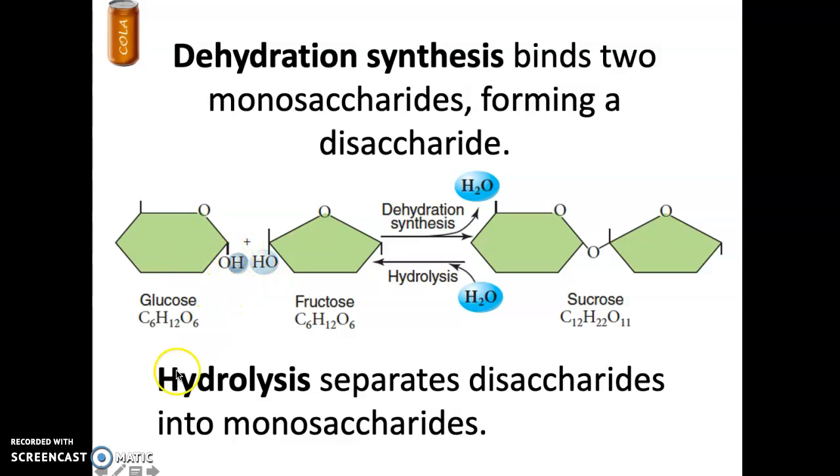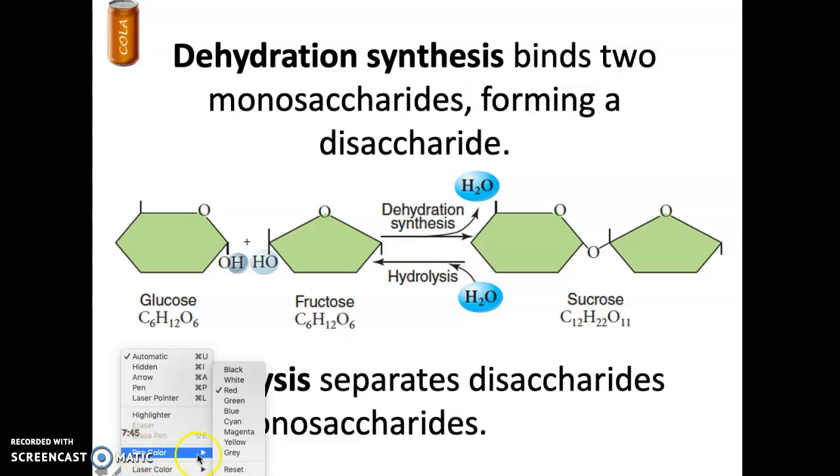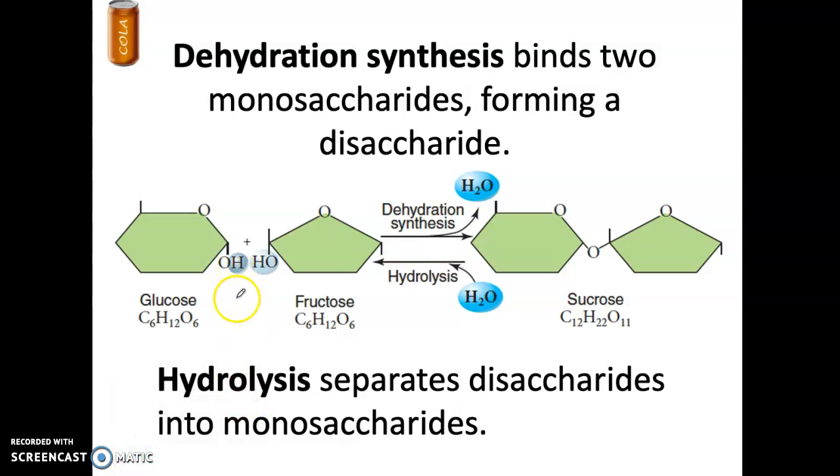So from one of them, I'm going to remove the hydrogen, from molecule 1. From molecule 2, I'm going to remove the OH, so an oxygen and a hydrogen. And that is going to allow now for a bond to form there. And it's shown here. It's going to form a bond.